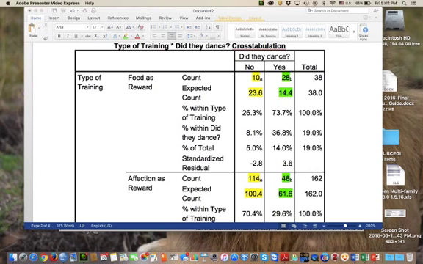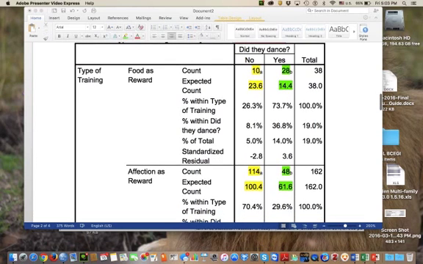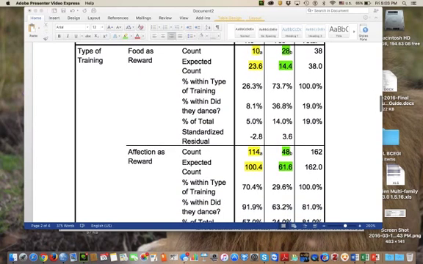Type of training, did they dance? So when we observe the type of training, food as a reward, of the cats that did dance, there were 28 that danced, and 10 that did not dance. Our expected count was 14 that would dance and 23 that would not dance, with food as a reward.